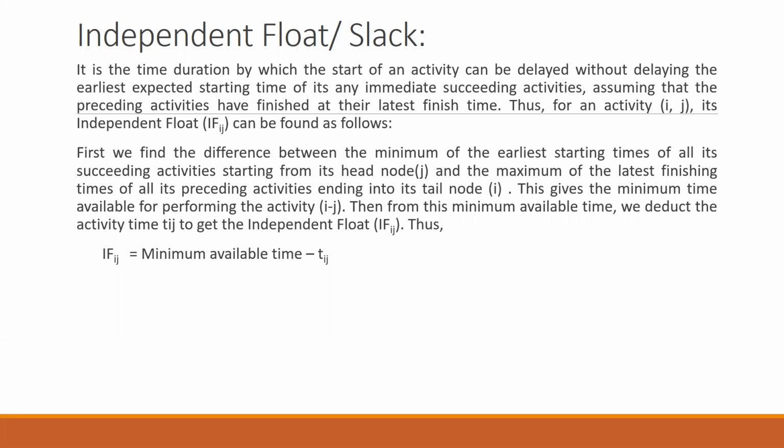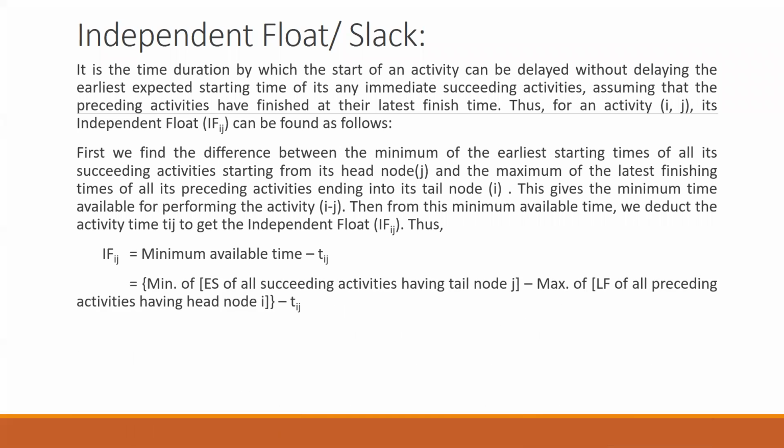If you want to represent this in a better form, you can write Ej minus Li minus tij, which will give you the value of IFij. So the formula can be further written as Ej minus Li. Previously, if you remember, we were using Lj minus Ej.